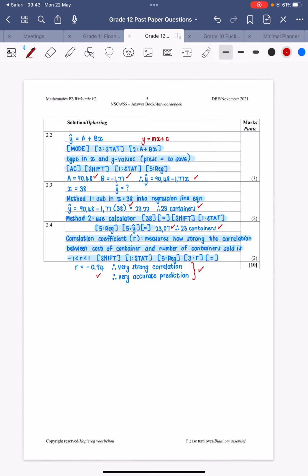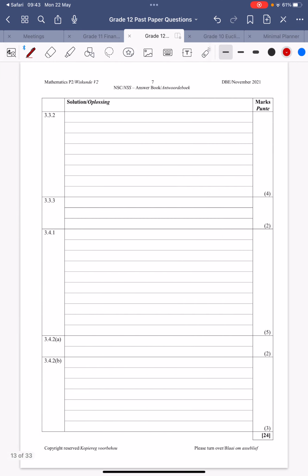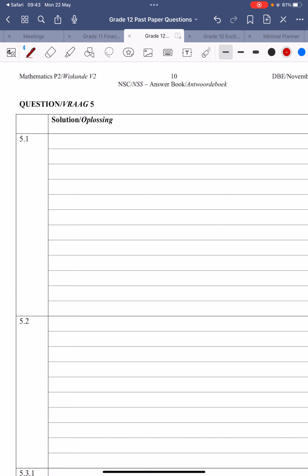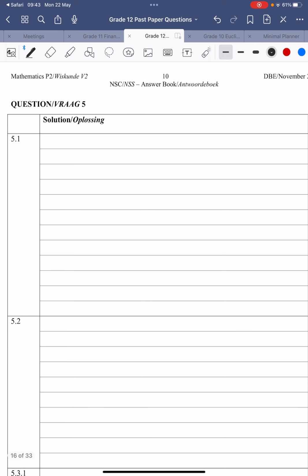Let's quickly look at question 5. I know you have started looking at it. This is also important because, like I said, this year we didn't really go through these types of questions where you are given a trig kind of expression and you just need to simplify it.